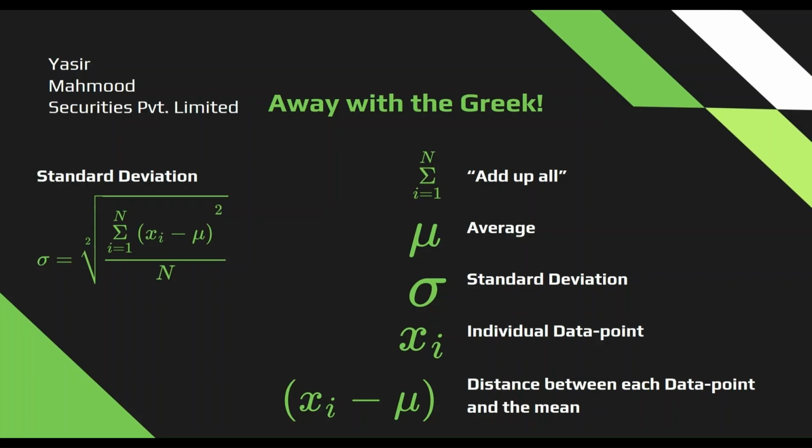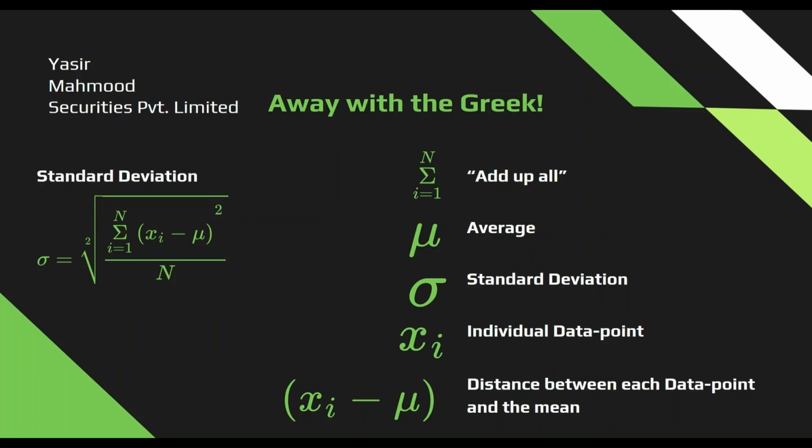This is nothing but a fancy way of saying that add up all the values. For example, if you have 10 observations, to add up the observations from 1 to 10. N is basically a representation of the upper bound of your values.